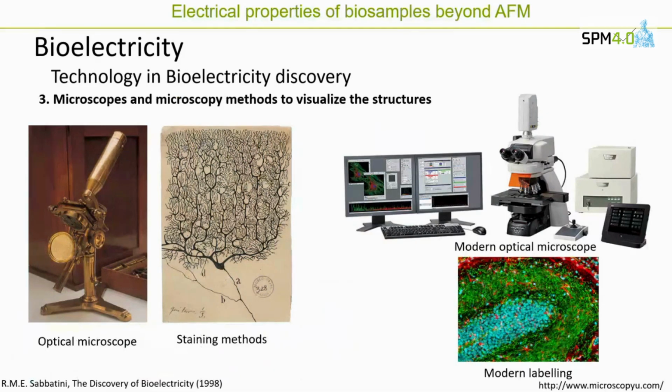Finally, also very important, besides these two techniques, microscopy is very helpful, because with microscopy you can look at a structure. For instance, this is a neuron drawing where you see the system that you have, and where you can put the electrodes to measure different properties.